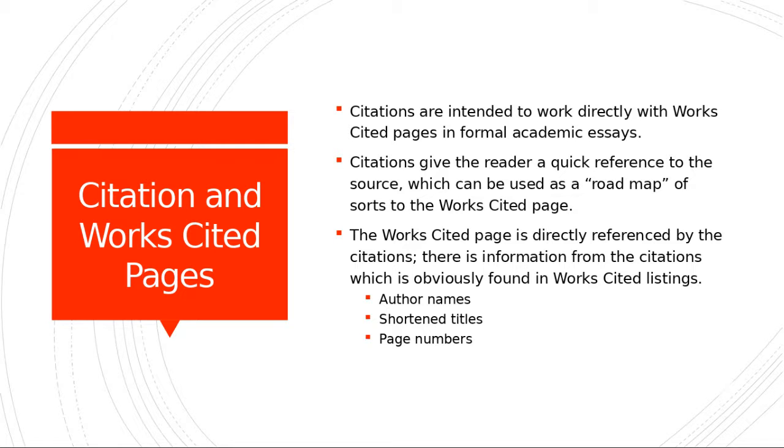Okay, this is the main thing that you want. Okay, author names. You also want shortened titles if you have some works that have no listed author, or you have multiple works written by the same author. And page numbers for print sources. You need to know what pages the information appears on.